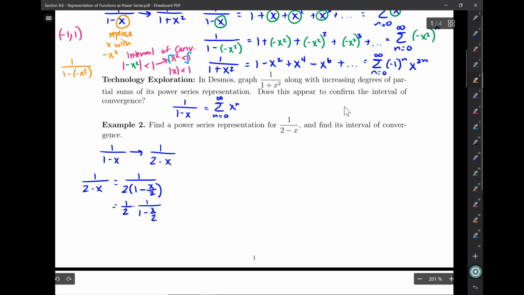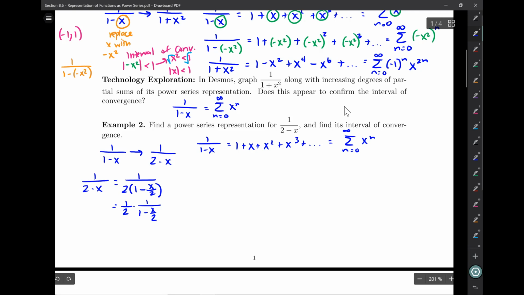So we're going to have to do two things to the power series in order to get it to look like this. Okay, so we're going to start with, again, what we know, which is that 1 over 1 minus x is 1 plus x plus x squared plus x cubed, dot, dot, dot. And the closed form of that is the sum from 0 to infinity of x to the n. So now we're going to do 1/2 times 1 over, maybe we should just do one step at a time instead of doing two things at once.